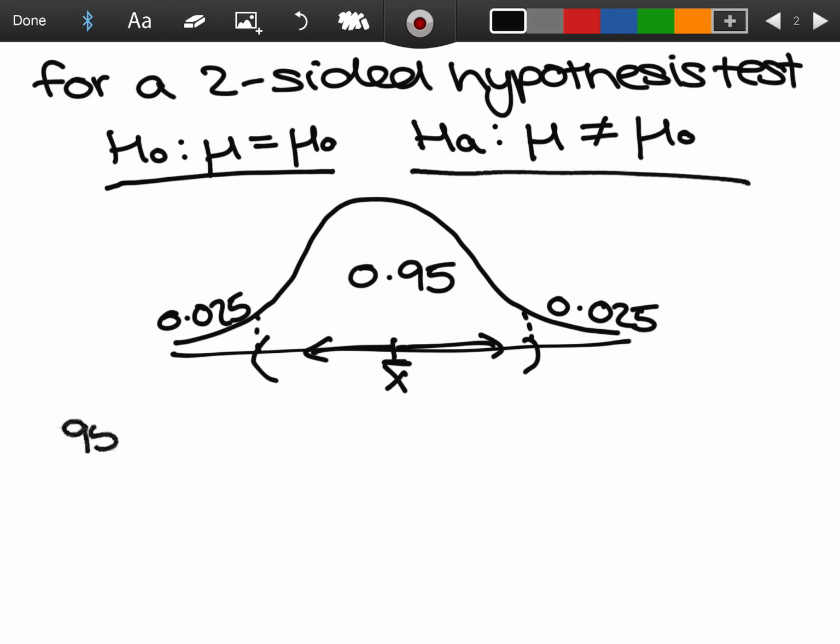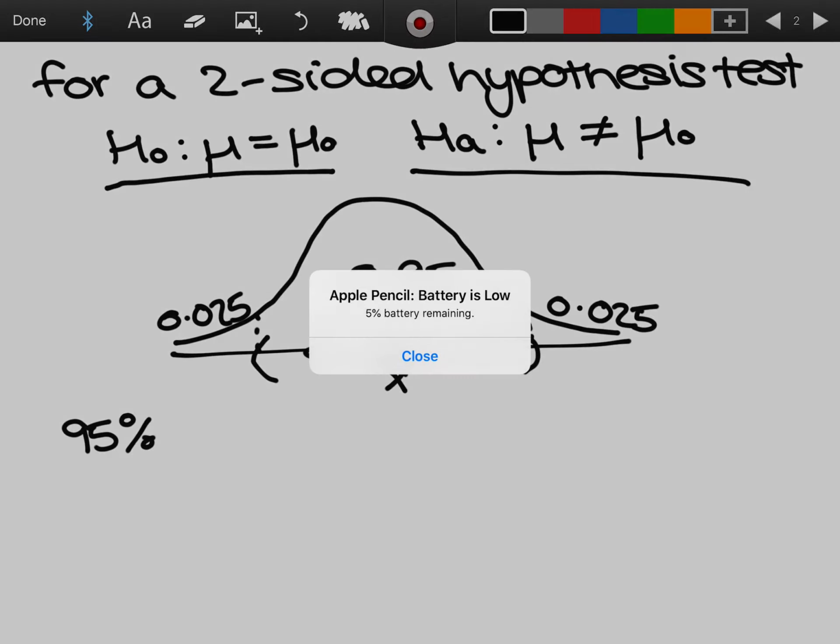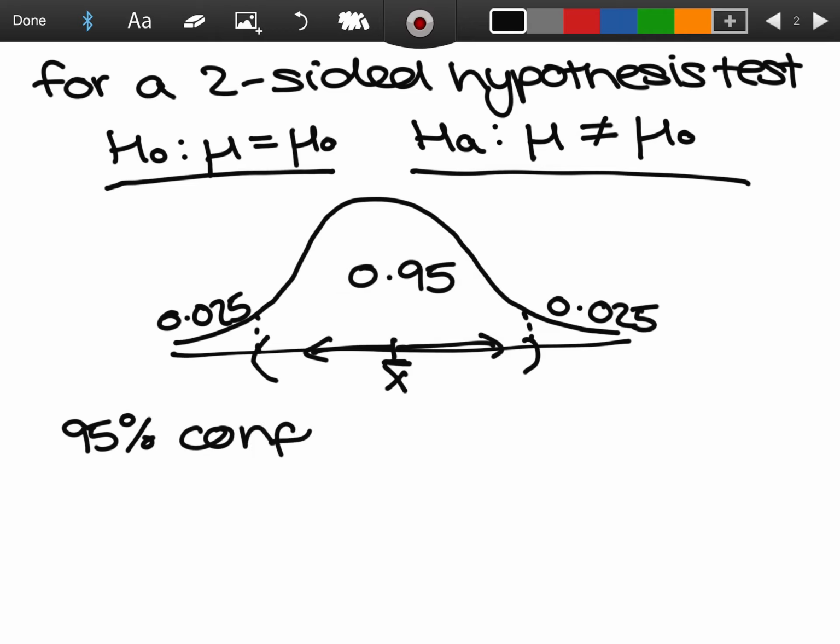If you create, in this case, a 95% confidence interval, and that confidence interval surrounds the sample mean. So it's the sample mean plus a value, sample mean minus a value, okay? So you've got this confidence interval that surrounds that sample mean.